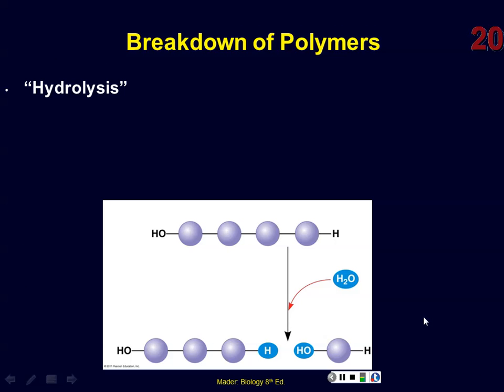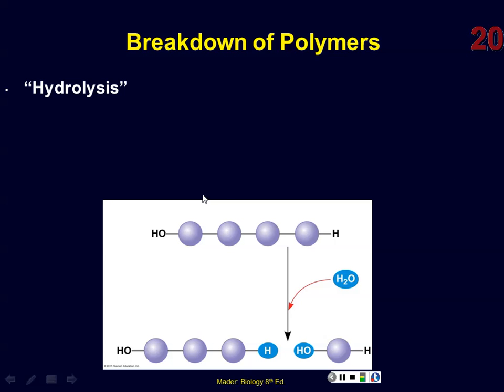Again, the word is telling you exactly what's happening. Hydro means water, and you learned this in your word parts. What does lysis mean? To break, to burst, yes. So the reaction of hydrolysis is literally the breaking of a bond with water.